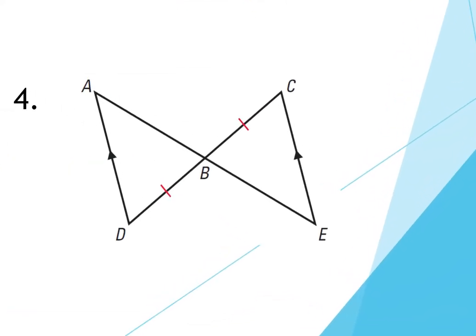Okay, and then 4, you've got 1 pair of sides marked as congruent. What else? You could have angle, side, angle with alternate interior angles. So if these are parallel, and I use this transversal first, this and this would be alternate interior. Or you could go the other way and use this one and this one as alternate interior.